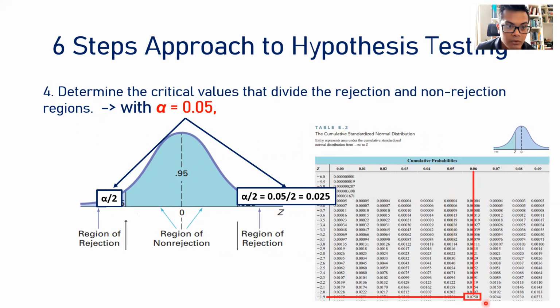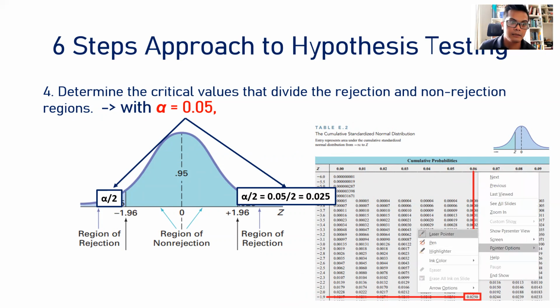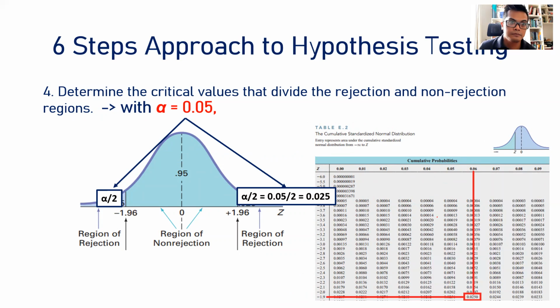Here we find 0.025 is located at z equals minus 1.9 plus 0.06, so minus 1.96. Thus here we put minus 1.96 and plug in the value. So the z value is there for the negative side, and for the positive side, you just make it the opposite.